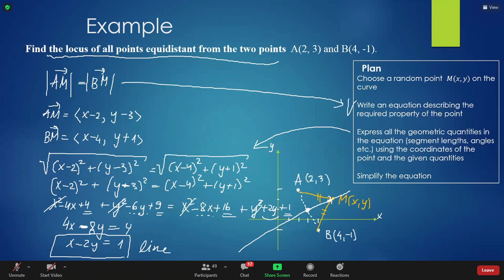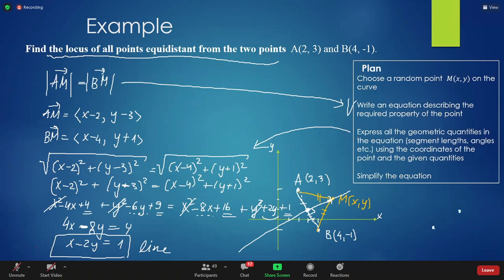So you see the segment AB. We bisected it. The midpoint also is equidistant from both ends. And this is actually a right angle there. The perpendicular bisector of the segment. So all points that are equidistant from two given points actually lie on the perpendicular bisector of the segment connecting those two points.